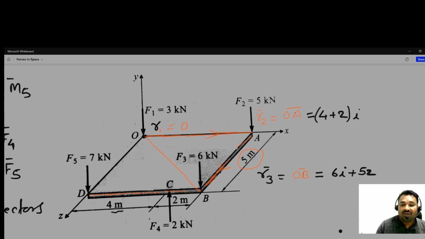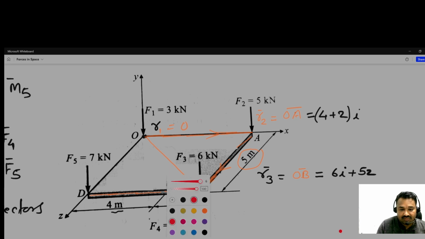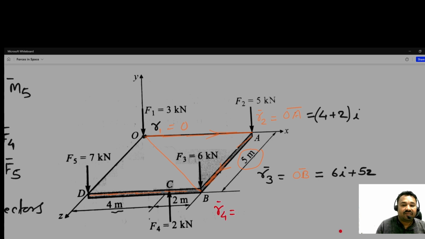What about R4? Let us find R4. R4 will be OC, from here to here. How to reach OC?